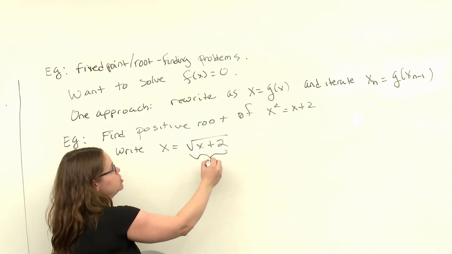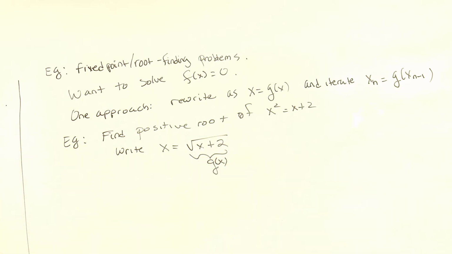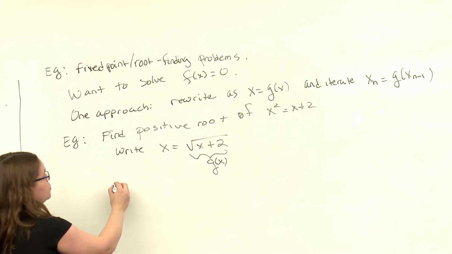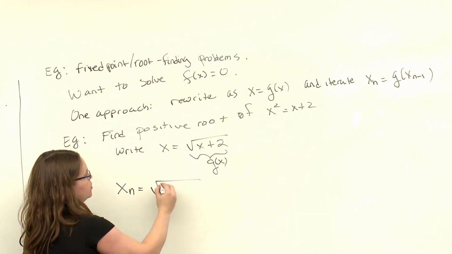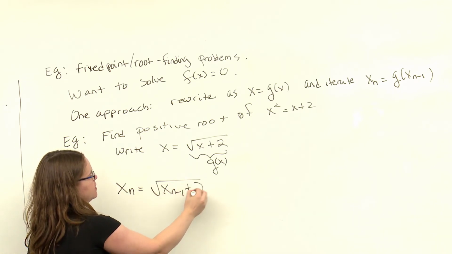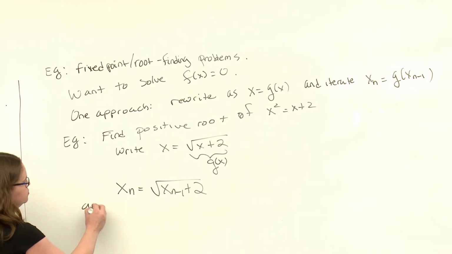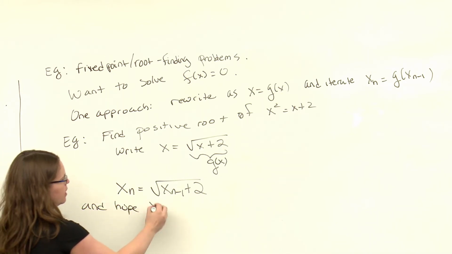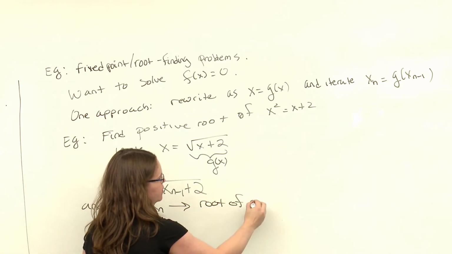This becomes my g of x. And then you start iterating. You do this process. Xn equals the square root of xn minus 1 plus 2. And you hope that as you do this, these values of xn get closer and closer to an actual solution of this thing. So we hope xn converges to the root of the original problem.